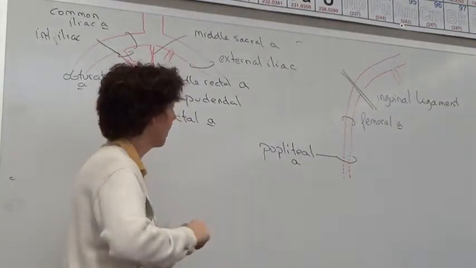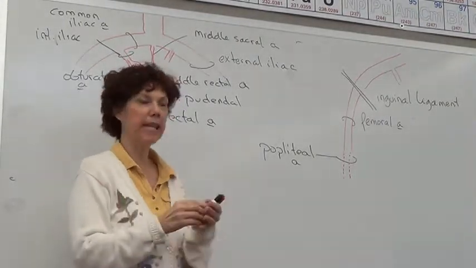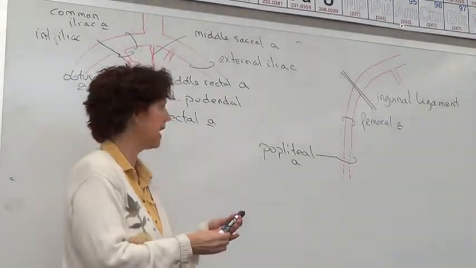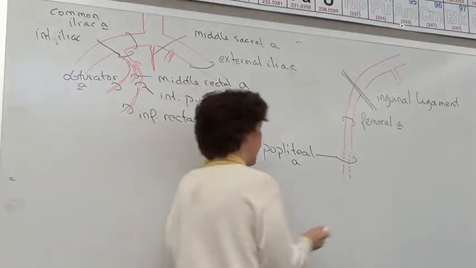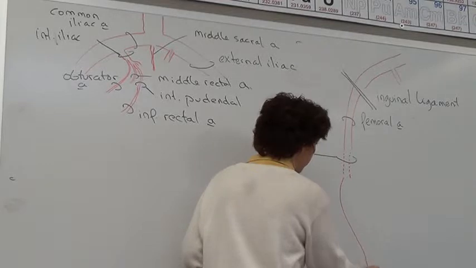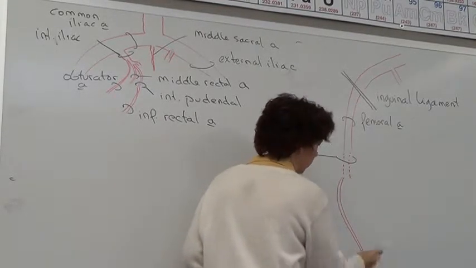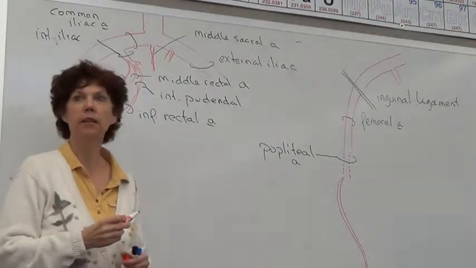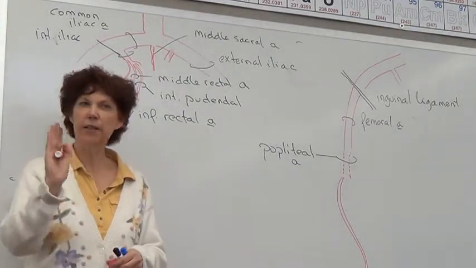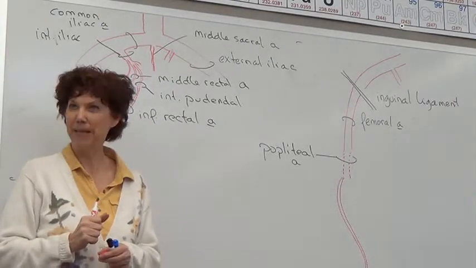All right? Now, it divides. The popliteal artery ends about 2 inches below the knee by giving off a branch that comes around to the front of the leg and onto the top of the foot. What was a major muscle on the front of the leg that did dorsiflexion? Anterior tibialis.